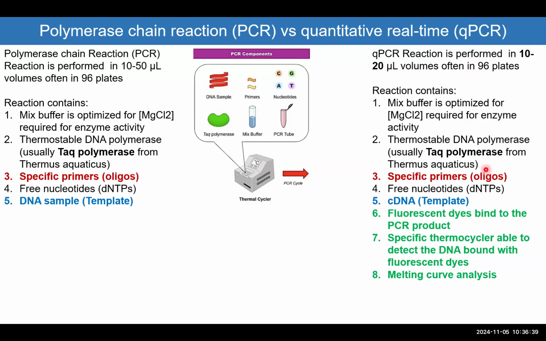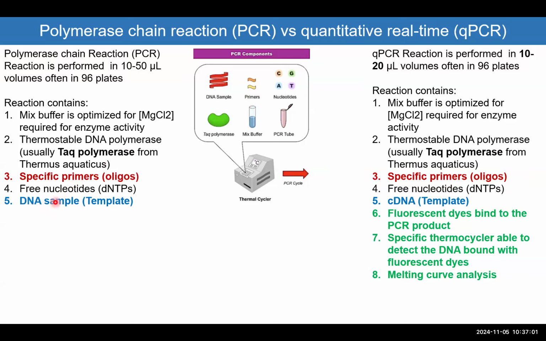And it could be different types of enzymes. Probably here it's written Taq polymerase, but different companies probably provide different polymerases. Now, the primers have to be specific for that gene, but we have to be very careful when we design those primers. I will show you in the next slide.